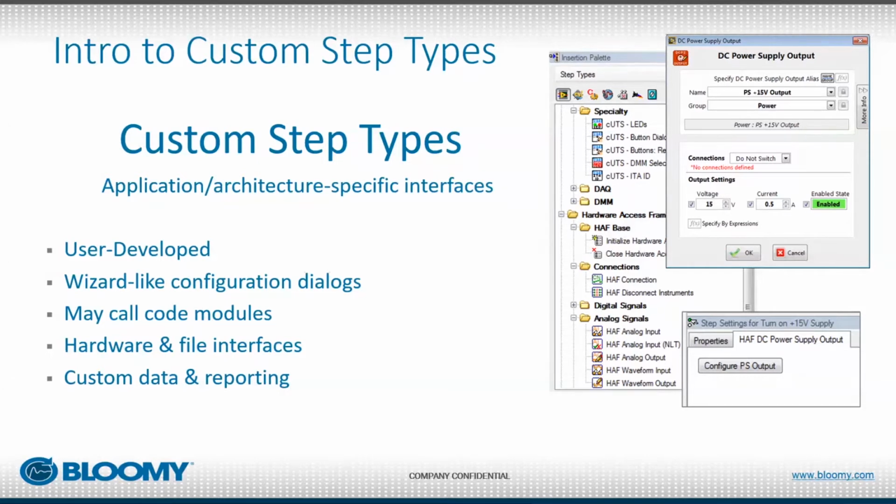TestStand provides this capability, and these are user developed, and typically they have a wizard-like configuration dialog, represented in the upper right-hand corner in that little screenshot, and we'll get into more of that in some of the upcoming slides. Typically, they call a specific module that performs a very specific and unique function used in your test sequences that can't really be integrated well into the built-in test steps.